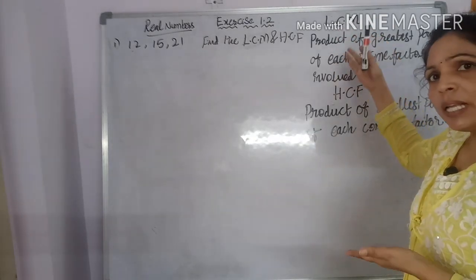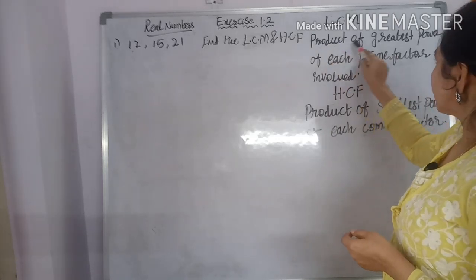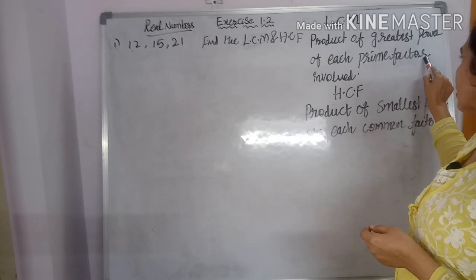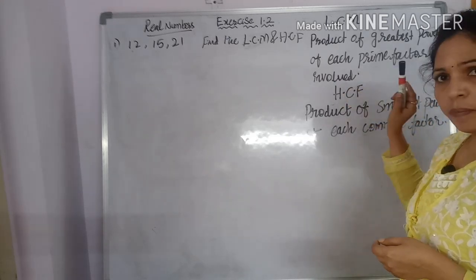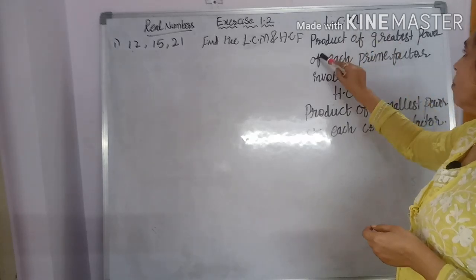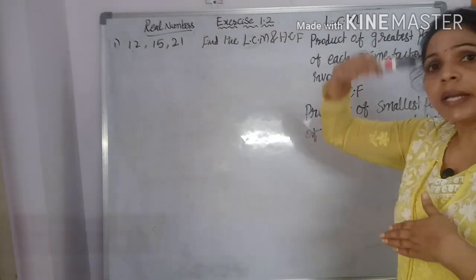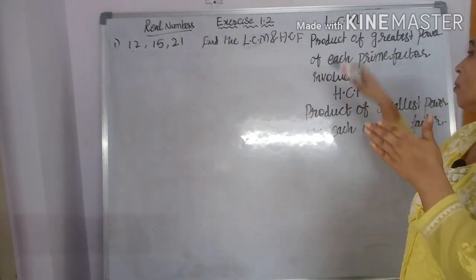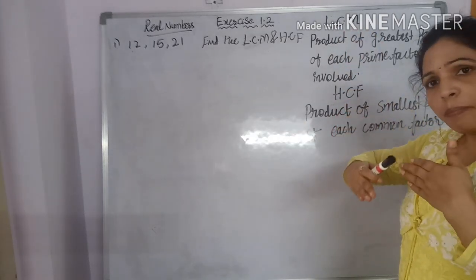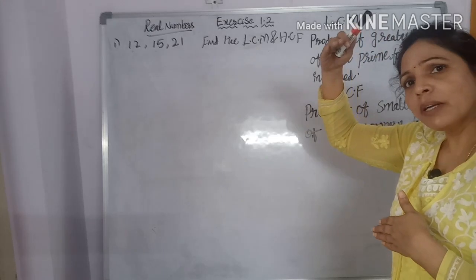The condition of LCM is the product of greatest power of each prime factor involved. For lowest common multiple, you should take the product of greatest power.